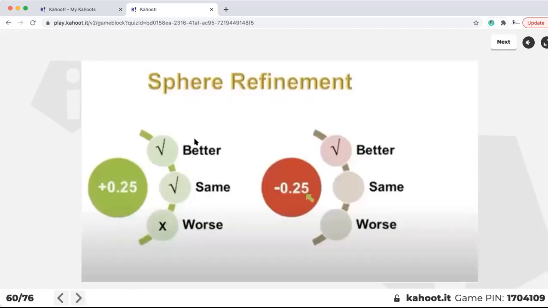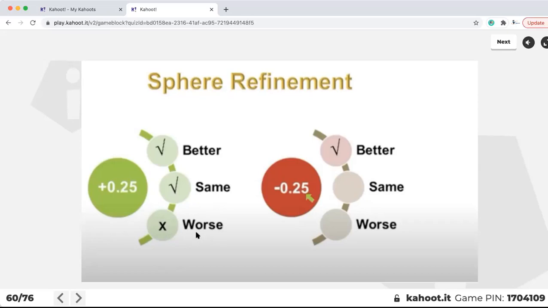So the sphere refinement at the start of subjective refraction is done by plus 0.25 diopter. You offer it to the patient. If the patient sees immediately better, then you leave it, and then again add 0.25 and repeat the same process. If the patient reports that the vision is the same, you leave it.